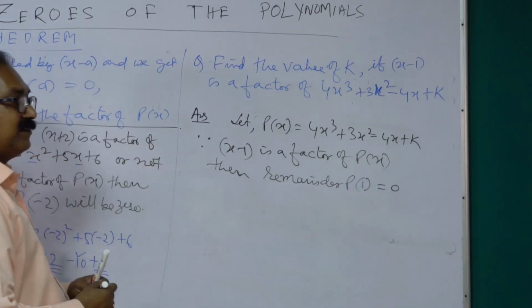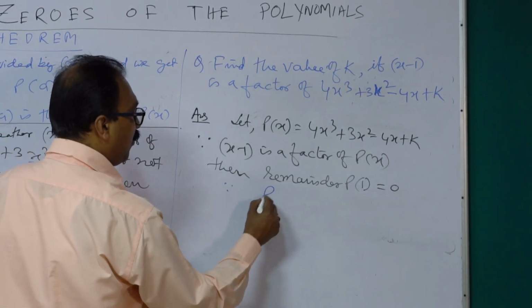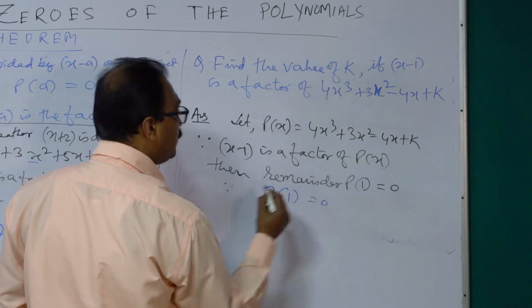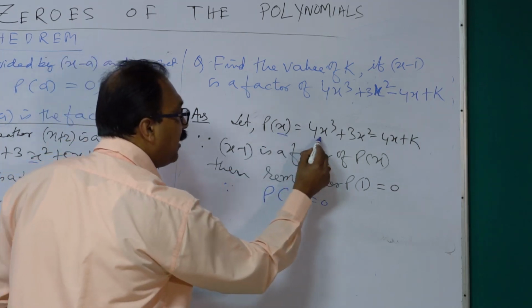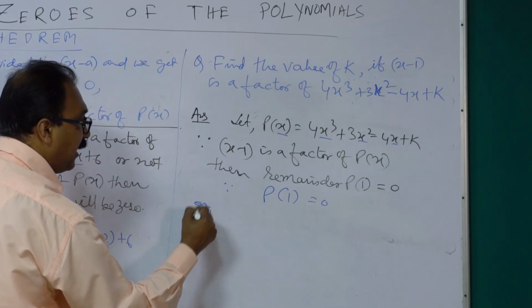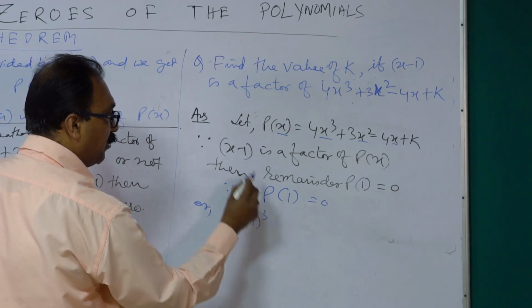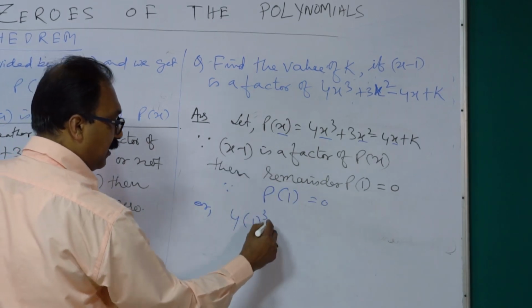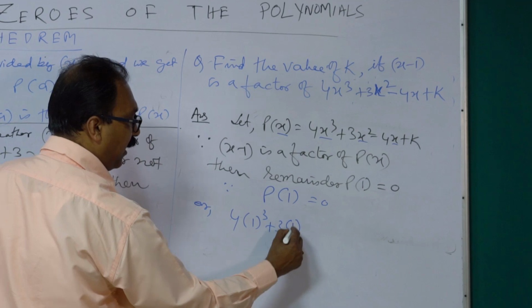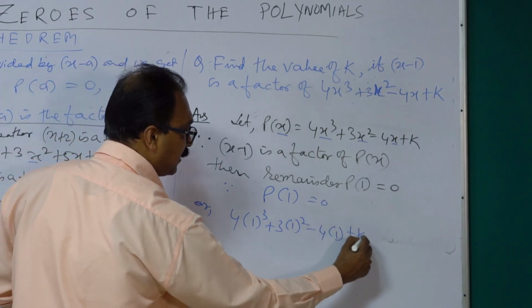It must. What is P of 1? You have to put the value 1 here, 1 here, 1 here, and the right side 0. So therefore, 4 into 1 cube plus 3 into 1 square minus 4 into 1 plus k equal to 0.